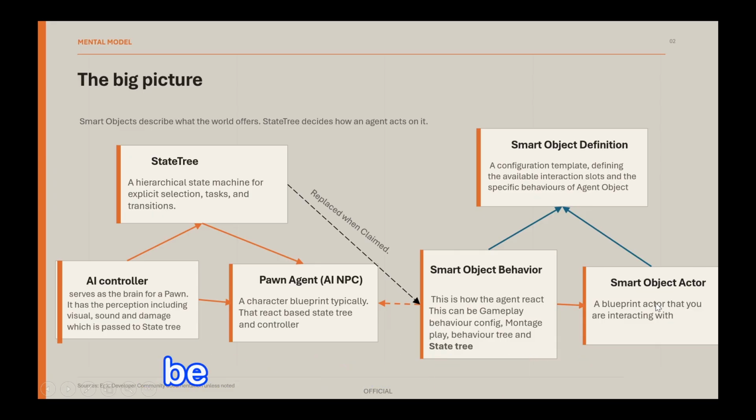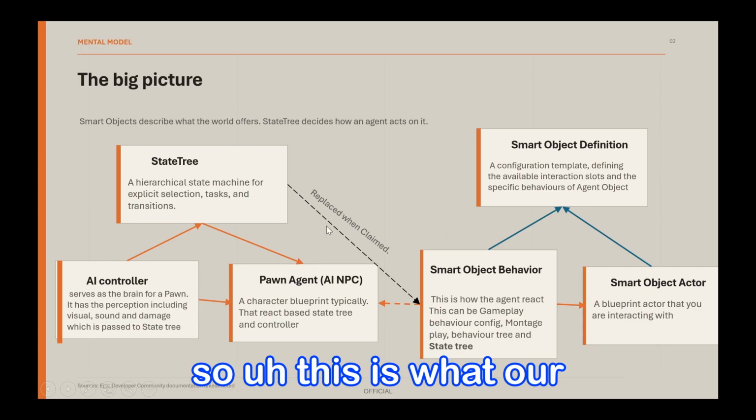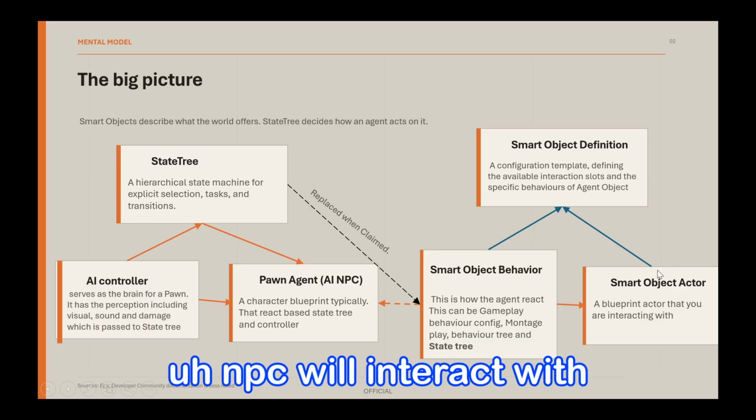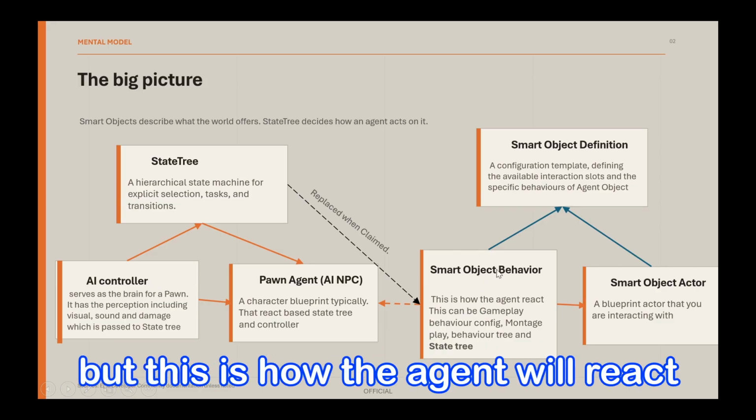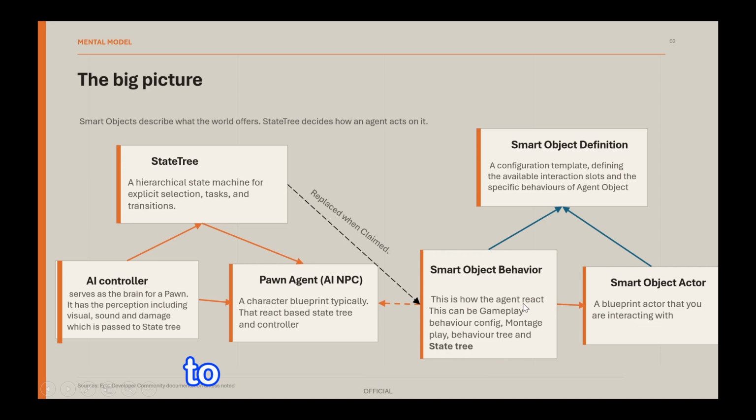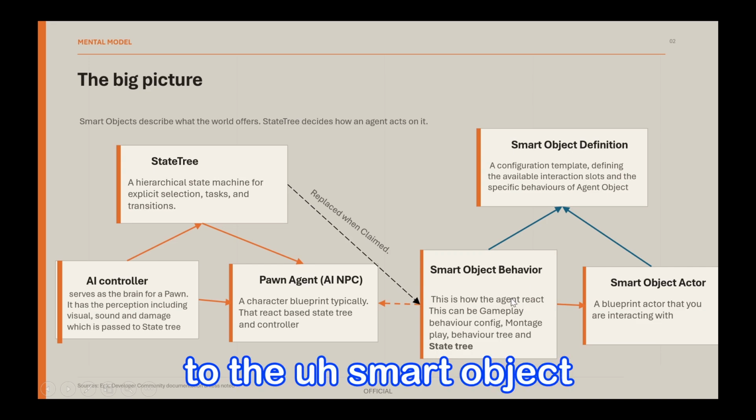In our case, it will be the treasure chest. This is what our NPC will interact with. And then we have the smart object behavior. This can be a lot of things, but this is how the agent will react when it gets to the smart object and what it can do.